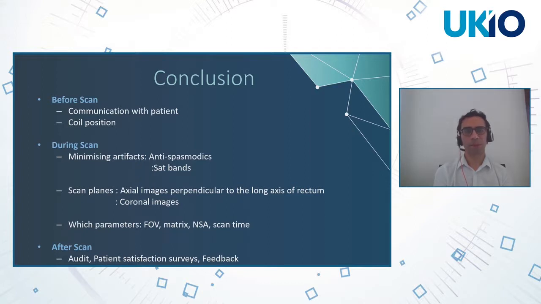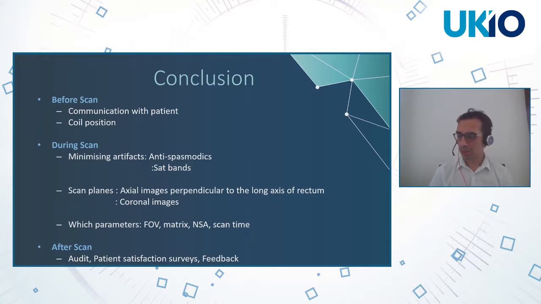I've also given an overview of the trade-offs involved between changing field of view, matrix size, and NSA, and how they impact on scan time, spatial resolution, and signal. As Ollie mentioned, after the scan, it's also important to conduct patient satisfaction surveys and get feedback from the MDT on images acquired.